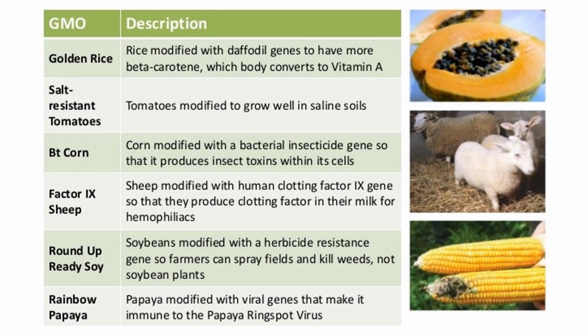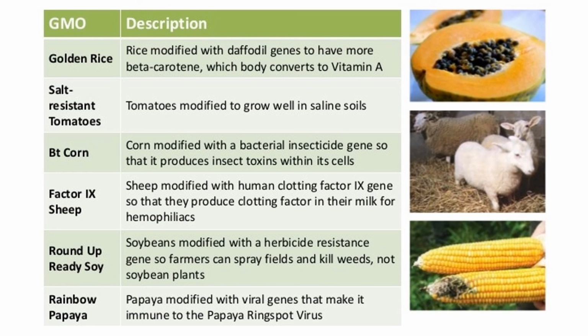The rice which was fortified with daffodil genes, vitamin A genes, to have more beta carotene, which the body converts into vitamin A. So it has a precursor molecule, beta carotene, which is then converted into vitamin A by the human body. And the rice variety is called golden rice. Then certain salt resistant tomato varieties are also there, tomatoes modified to grow well in saline soils.